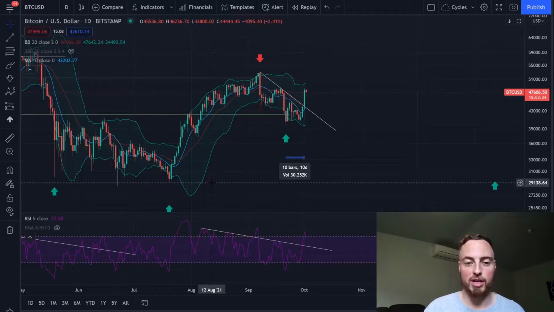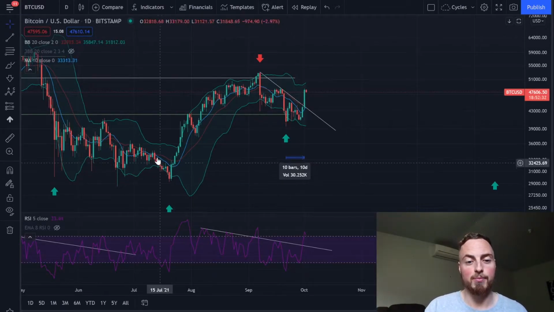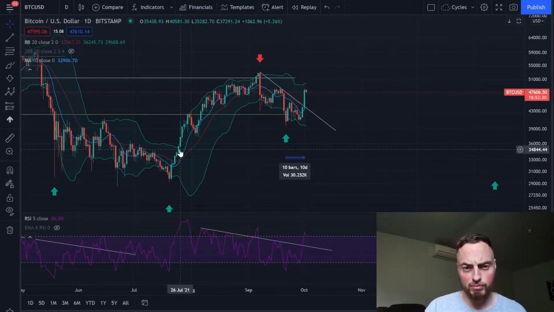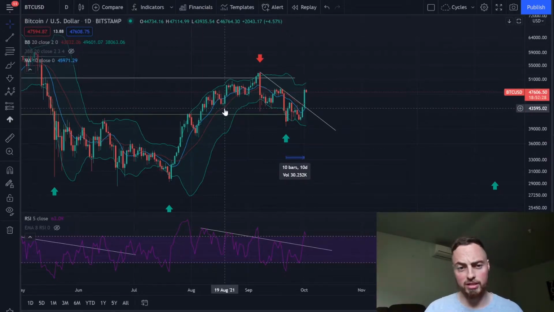I think it's important to keep it simple, but the 20-day is pretty useful. Basically, it indicates what part of the trend we're in. So we're in the bull phase or we're in the bear phase, so the uptrend or the downtrend.